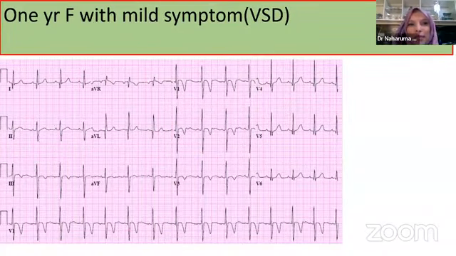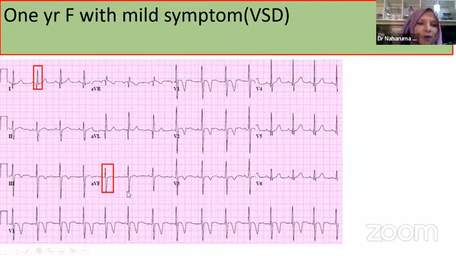This is a 1-year-old female with mild symptoms. And here lead 1 is positive and aVF is negative, so the axis is left axis. We know usually all types of VSD have a normal axis, but here we are getting left axis. And we are getting a Q wave in lead 1 and aVF, so this is a counterclockwise loop.